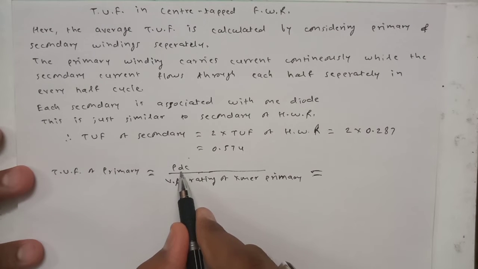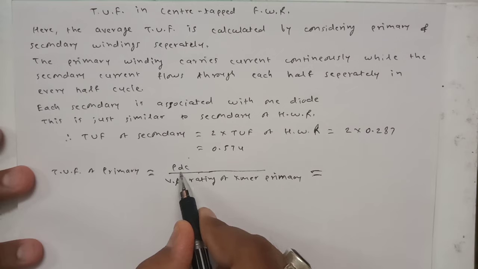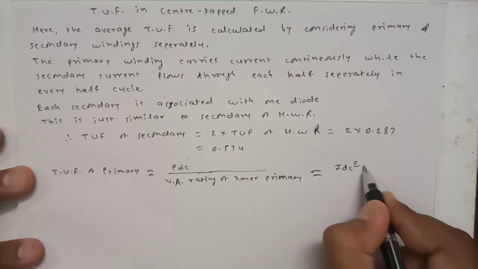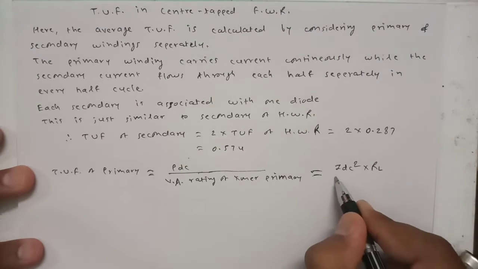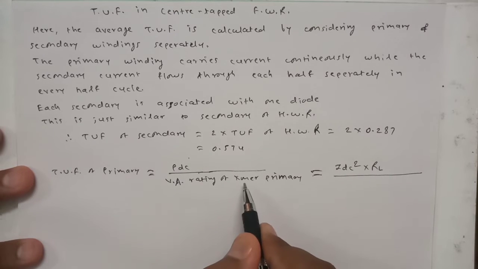So PDC is nothing but IDC square into RL, means power is nothing but I square into R. Which I should we take? As it is a DC power, we should take the DC current. So that's why it is IDC square into RL, right? And divided by VA rating of the transformer primary.